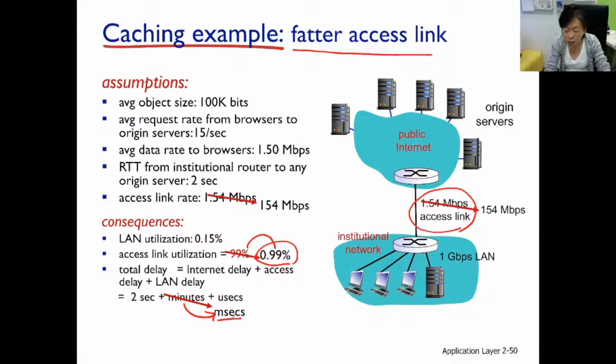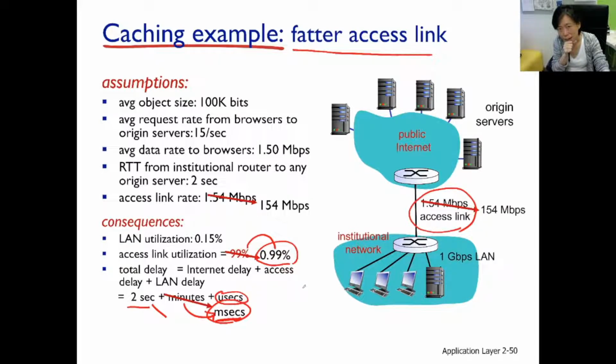So if there's not going to be much queuing delay, yeah, the delay is at this scale. So 2 seconds, milliseconds, microseconds, which of these three components dominates? Obviously, 2 seconds. And from scenario 1, we have minutes of delay, to scenario 2, we effectively bring down the total delay. All right, great.